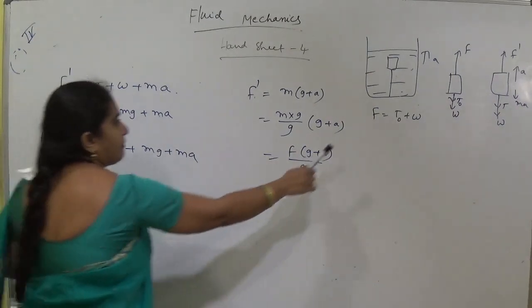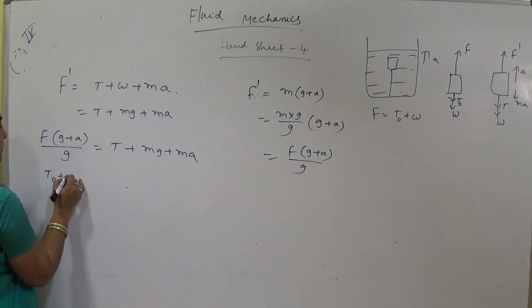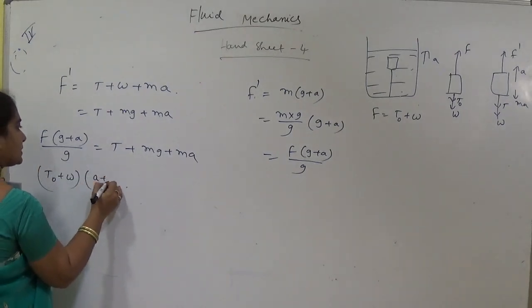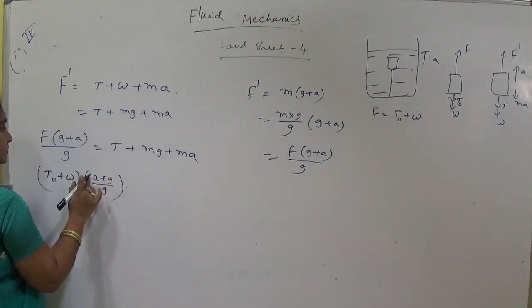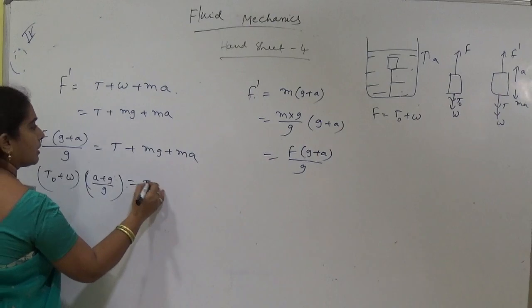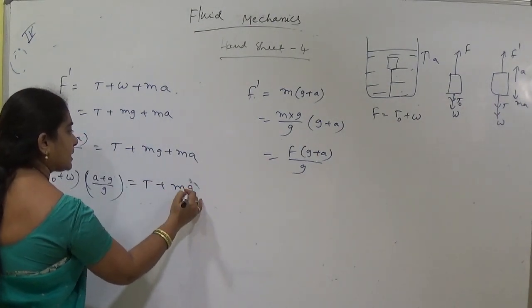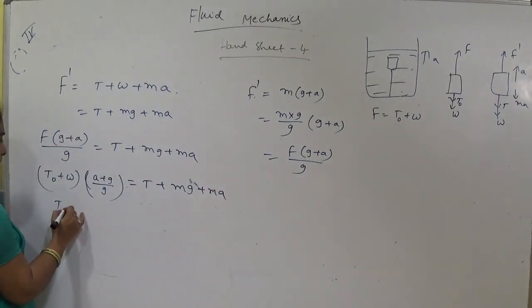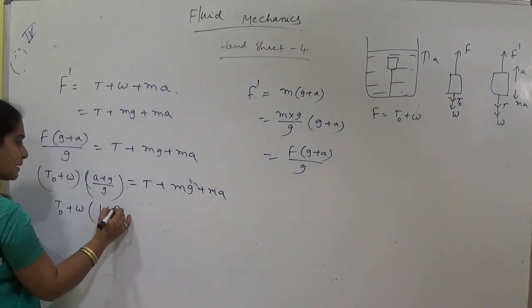What is the F value? T naught plus W into a plus g by g is equal to T plus mg plus ma. T naught plus W into 1 plus a by g.